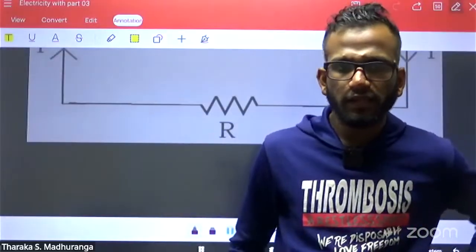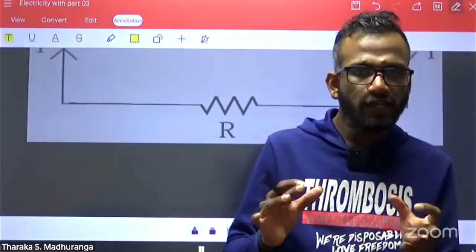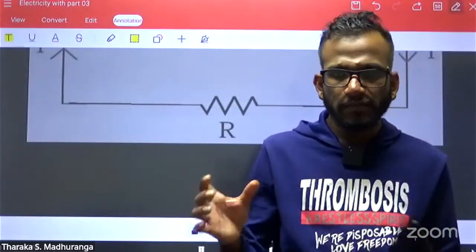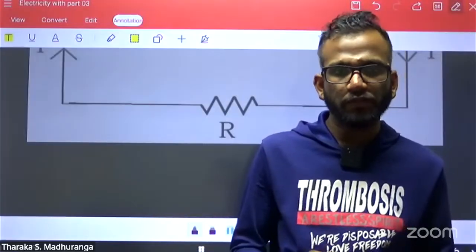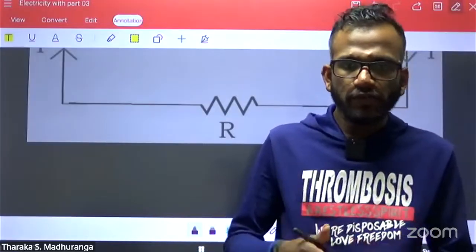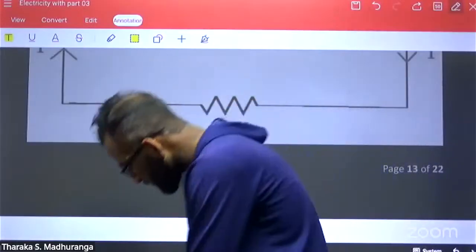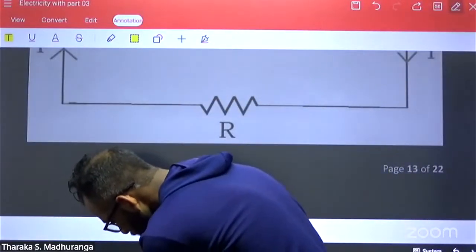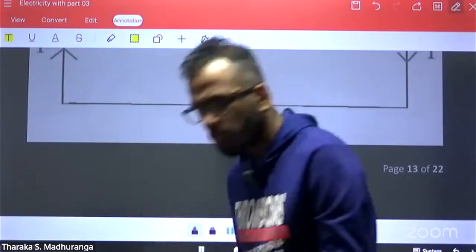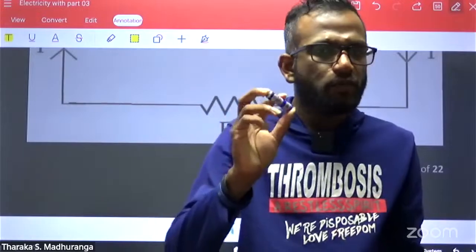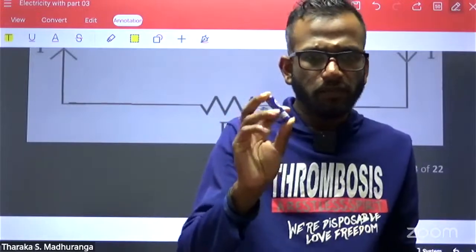When no current is flowing, the potential difference is what we call the electromotive force. For this type of small cell, the electromotive force is normally 1.5 volts. You already know this type of battery.